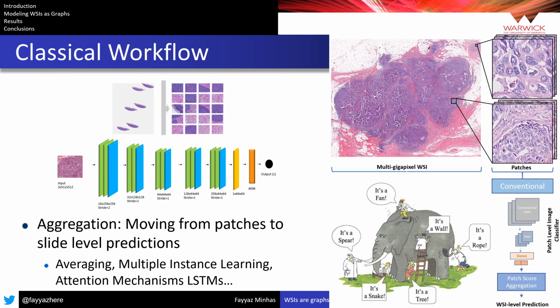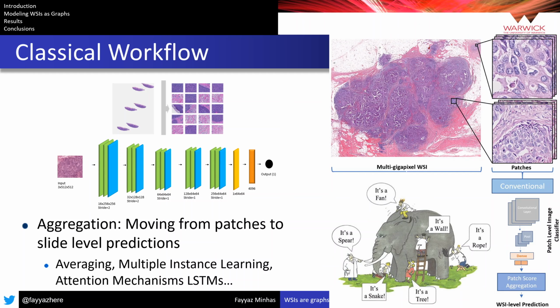So you think of a neural network when it's given a patch in an independent manner, it may come up with a prediction that is very different or may not fit with the global context of the whole slide image. So this is the fundamental problem in whole slide image computational pathology based predictions. I call it the aggregation problem.